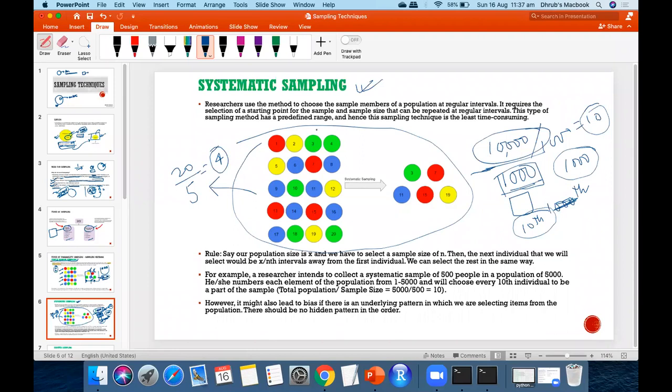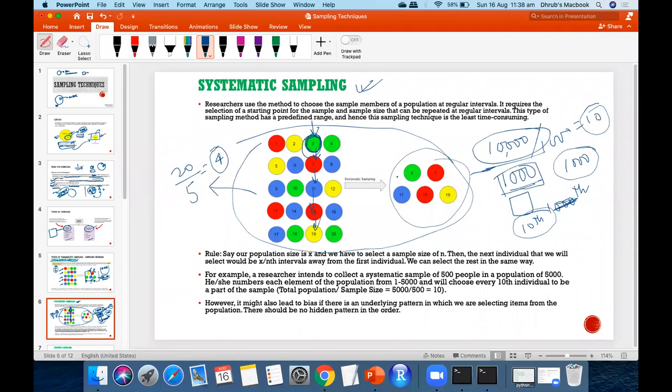For example, I have chosen that I'll start from 3. Okay, this is arbitrary, you can choose 4 also, but for this particular example I have chosen 3. So the next point would be 7, then 11, then 15, and then 19. Then I have chosen 5, so I got 5 points. You understand? So this is the way we do systematic sampling.